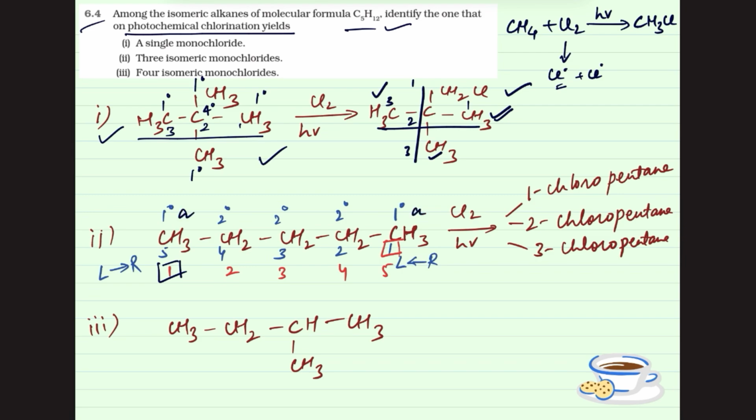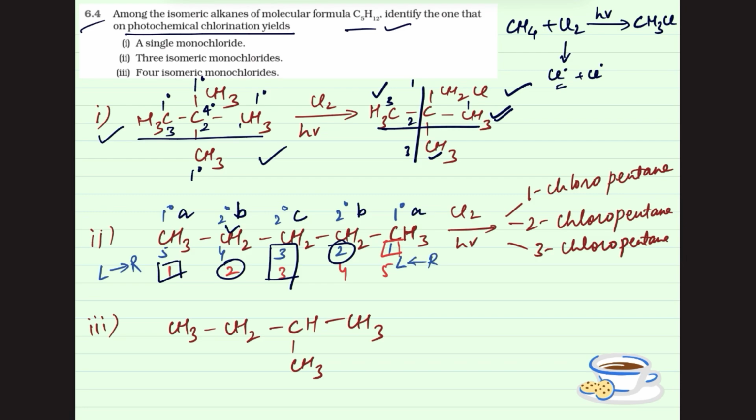Now again from the right hand side of the chain, this is the second carbon, and from the left hand side of the chain, this one is also the second carbon. So these two carbons are also the same. Name them carbon B. And the third carbon has the same locator number, that is 3. So name this carbon C. As can be seen, there are 3 types of carbon present in the chain, so 3 types of chlorides will be formed.